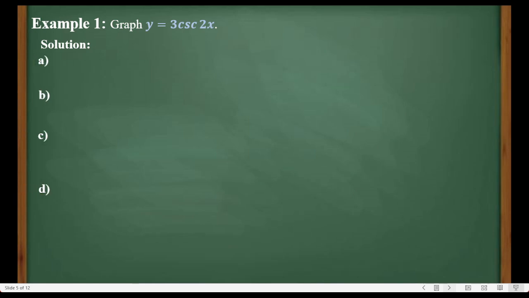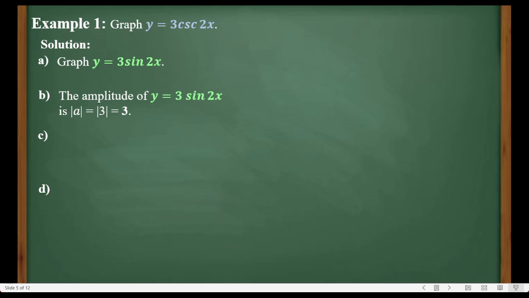Okay, so this is the solution. First, we need to graph the reciprocal of this function. So if we have cosecant, we are going to consider graphing y equals 3 sine of 2x.